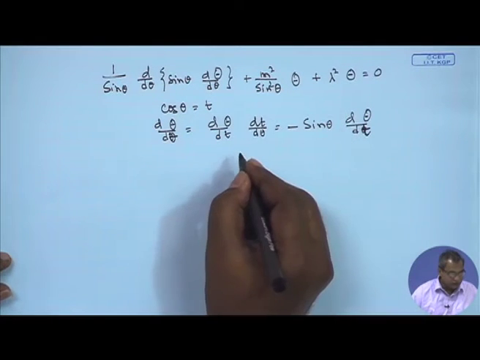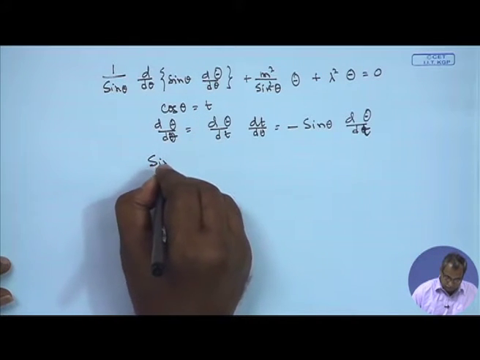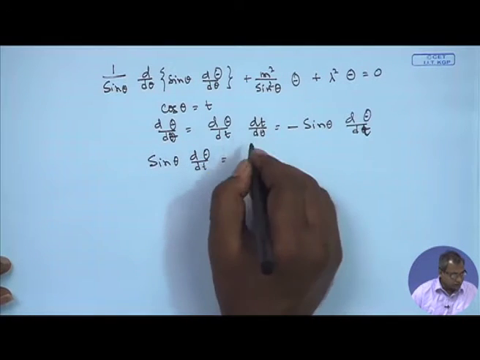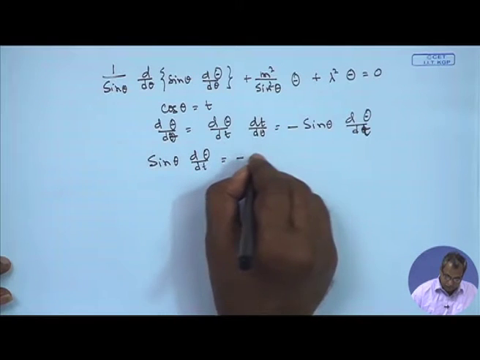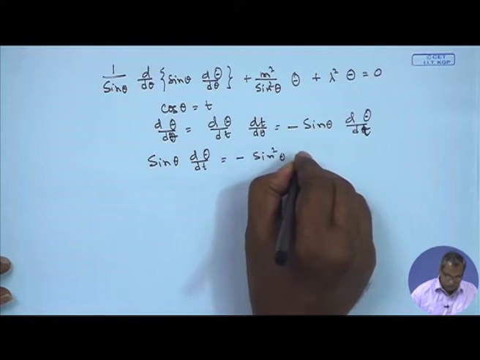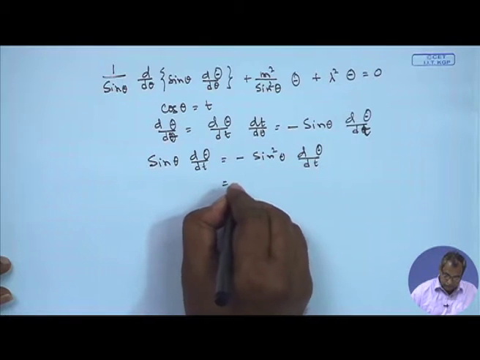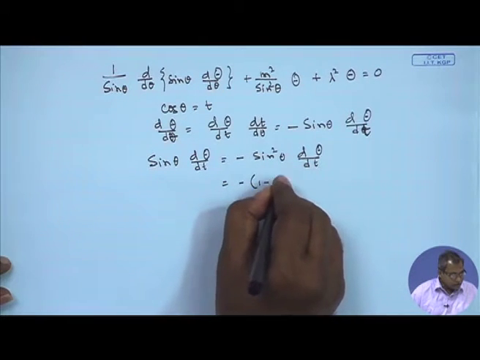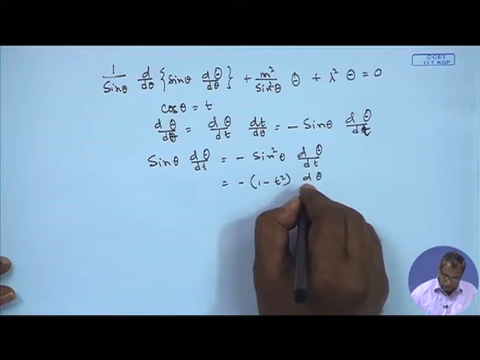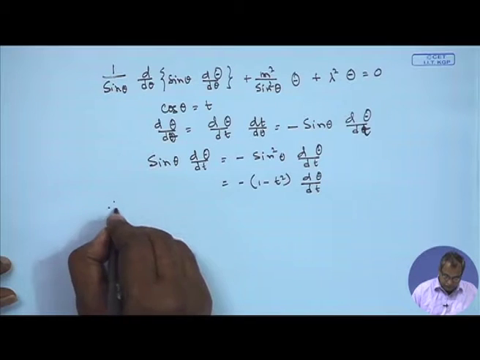Therefore, sin theta d/dt will be nothing but minus sin square theta d/dt, which is minus (1 minus t square) d/dt.